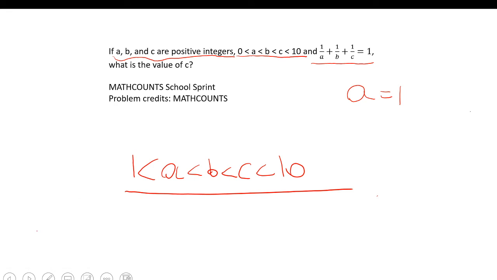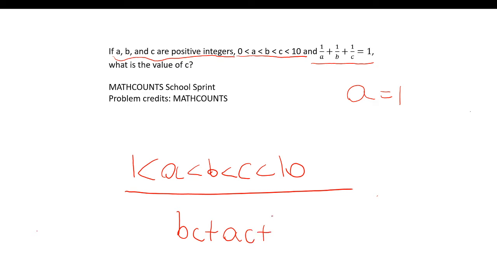We need to find the value of c. So what we could do is use some manipulation. It's an algebra problem. Guessing won't work here. We could get rid of the denominators by multiplying everything by abc. If we do that, the first term will be bc. The second term will be ac.